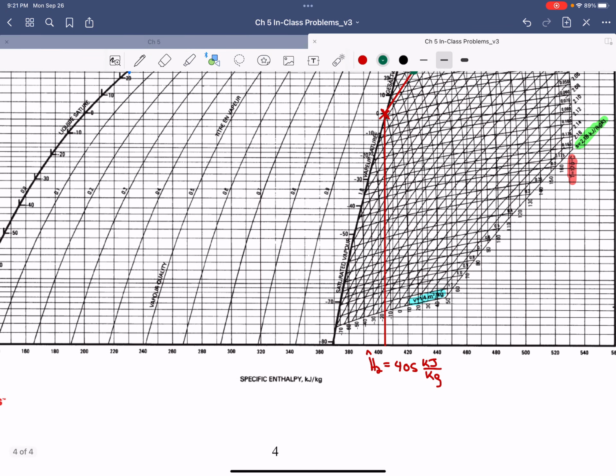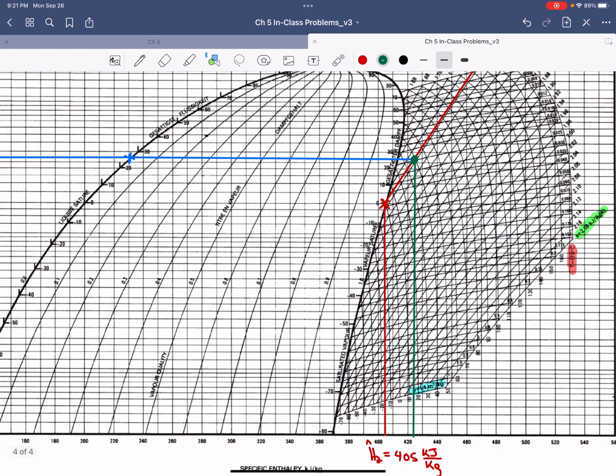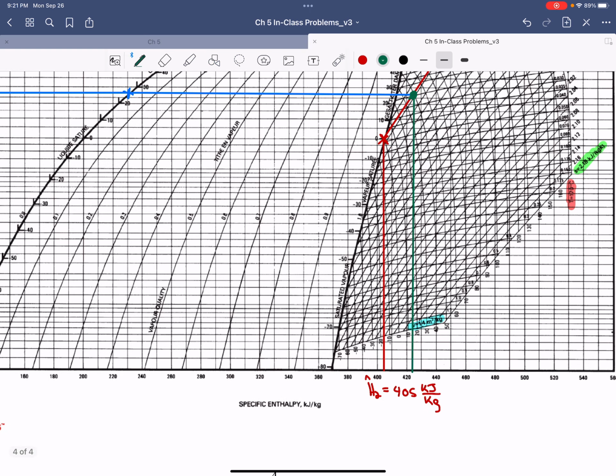And to figure out what enthalpy it corresponds to, we know that the enthalpy is the x-axis here. We just need to draw a line straight down from here. Okay? And we see that based on our enthalpy intersection, H3 for the reversible case is going to be equal to about 425 kilojoules per kilogram.